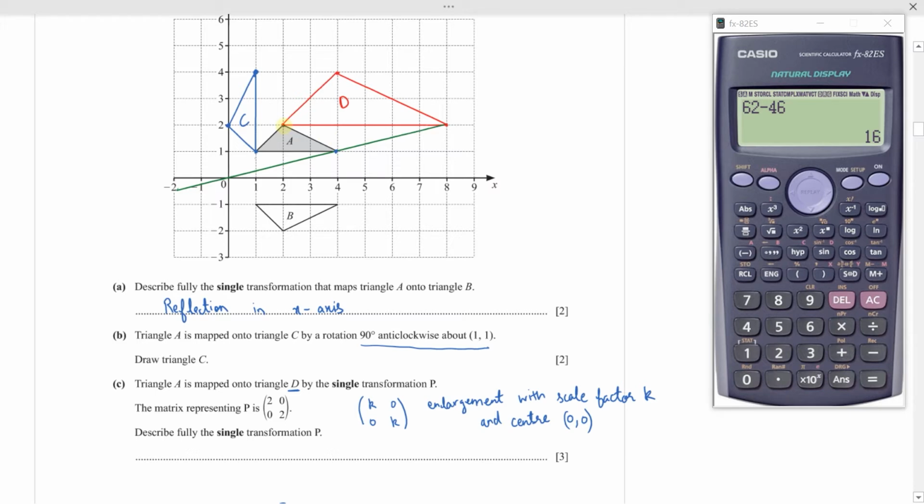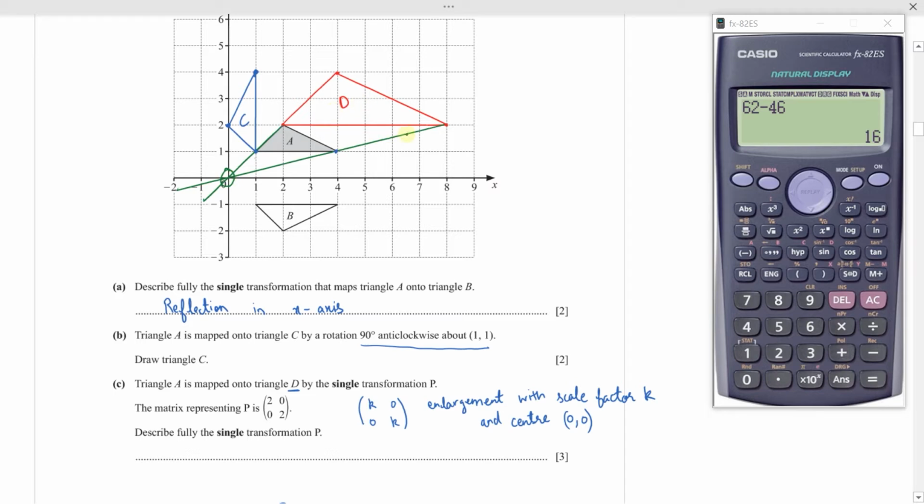And then this vertex is mapped onto this one after the enlargement. This is a vertex of triangle A, which is mapped onto this vertex of red triangle D, so I can join these two with a straight line as well. The intersection of these lines is at the origin. So this is my center of enlargement.